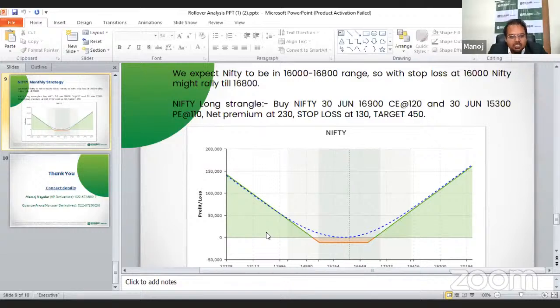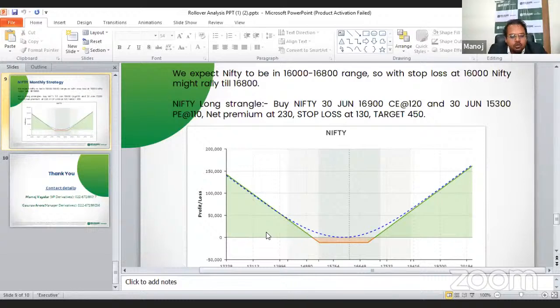Now, for the implications, if you need to be more precise, you should be using put call ratio along with VIX. Because 65% of the VIX calculation comes from the at the money options, and at the money is where the Nifty is right now. So if the Nifty is at 16,000, the call and put options of 16,000 are called at the money options.